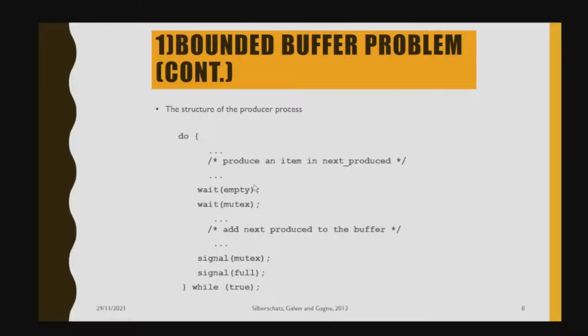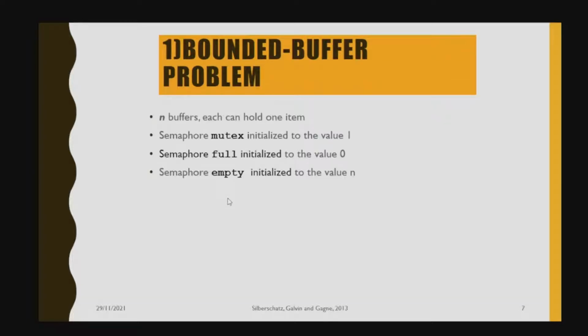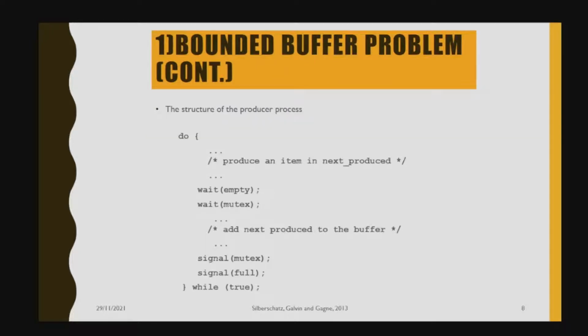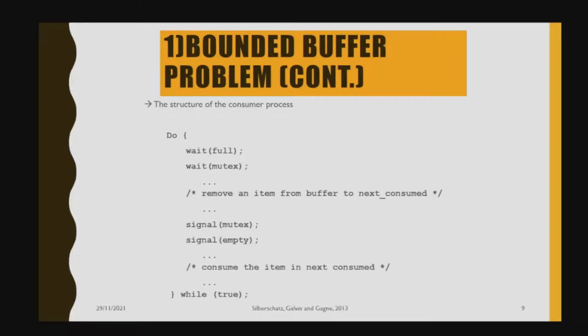When you call the function wait, at first, empty refers to this part, where the initial value for the semaphore is equal to n. And then wait for mutex equal to 1, and then add next produced to the buffer. Then we signal the mutex and signal the full. While true. This part is for the producer, and this one is for the consumer process.